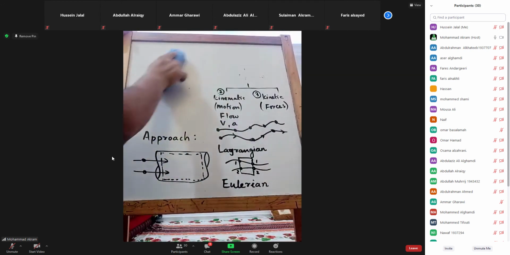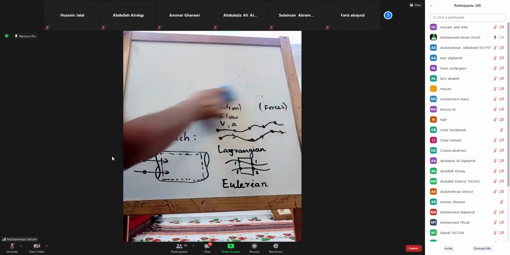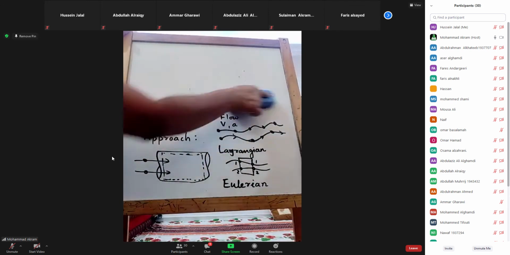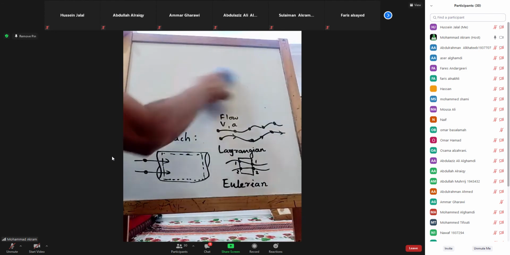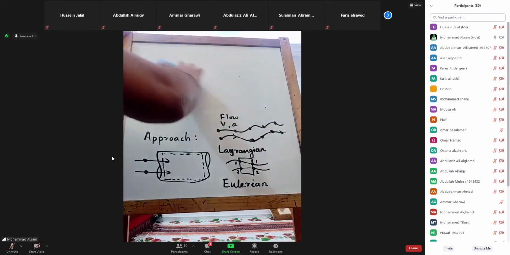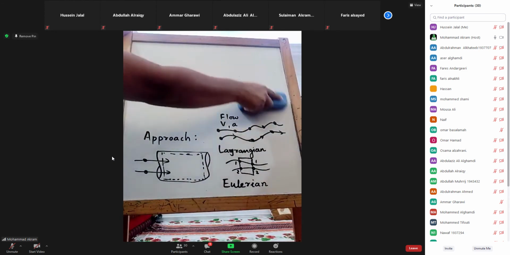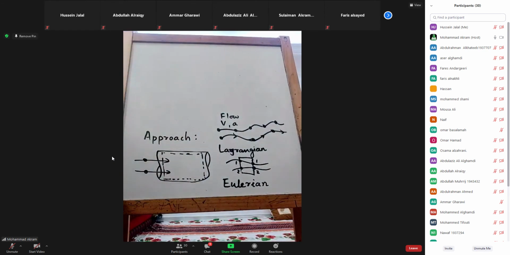Since I told you that this is like the kinematics of flow, we need to study the motions. But before that, we need to study the types of flow.